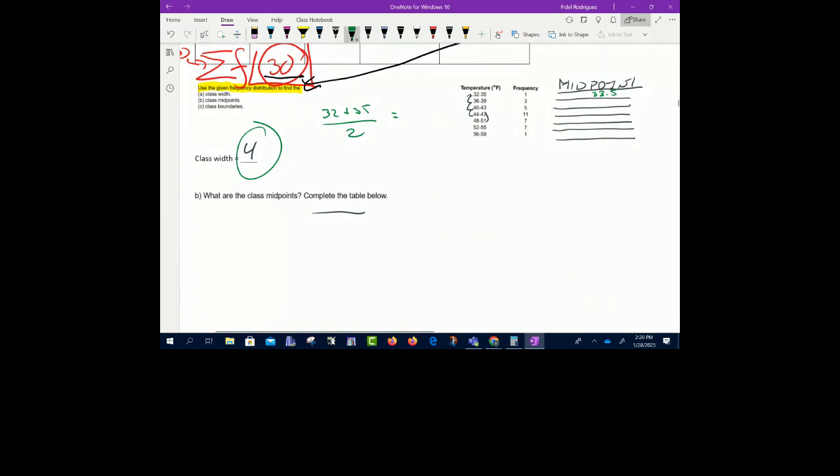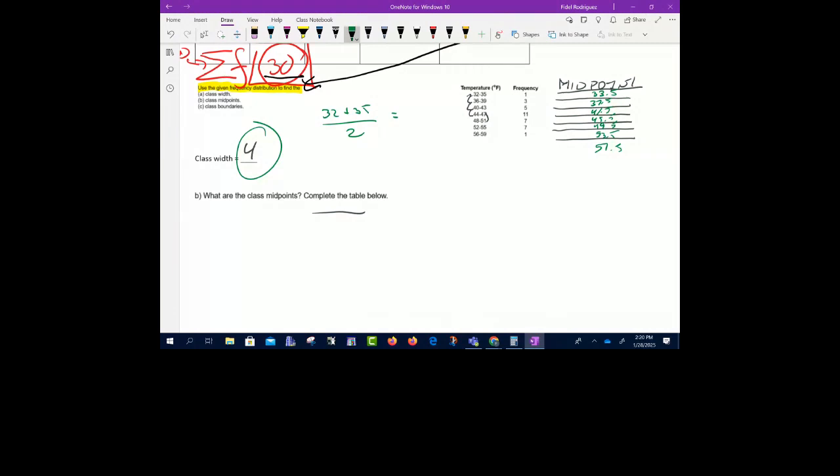So the next one would be 37.5, and the next one, 41.5, and 45.5, and 49.5, and 53.5, and then one more should be 57.5. And there are my midpoints, right? Does that make sense? Pretty simple, right?